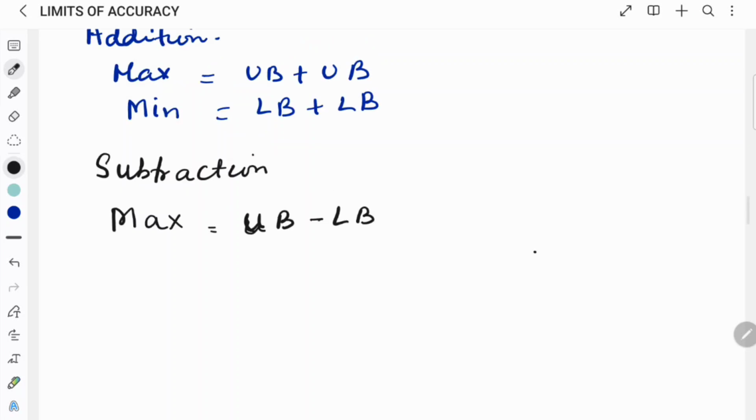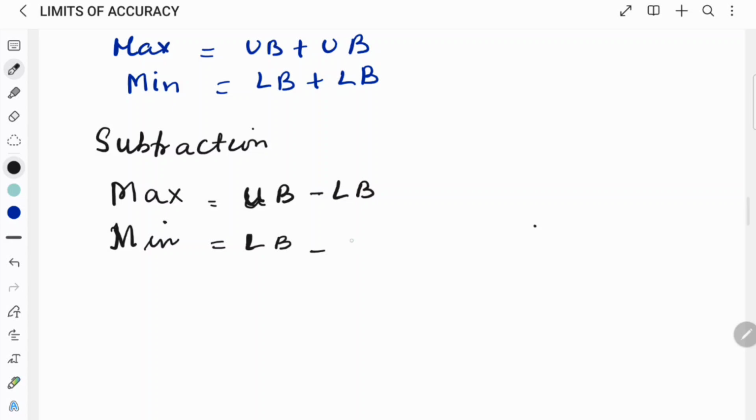You have lots of something and you subtract just a little bit, so you get a greater answer, the maximum answer. If you have to find the minimum value, you take the least number, the lower bound, and subtract the upper bound from it. From a small amount you are taking out a big amount, so you get a minimum answer.